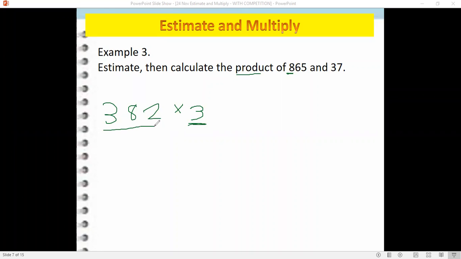Only 382 we are going to round before we multiply. So this is 400 times 3. 4 times 3 is 12. And how many zeros do we have? 2. So therefore, when we estimate before we calculate, 382 times 3 is 1,200.